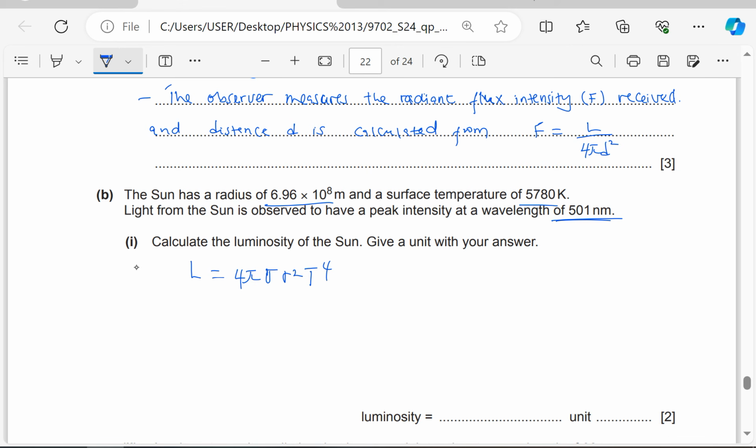So this equation is given in the list of formulae. So I'll just substitute. This will be 4 pi. Sigma is Stefan-Boltzmann's constant, which is 5.67 times 10 to the power of minus 8. It is given in the list of constants, sigma. Then the radius has been given as 6.96 times 10 to the power of 8, but this is squared. Then times temperature, which is 5780 power 4.